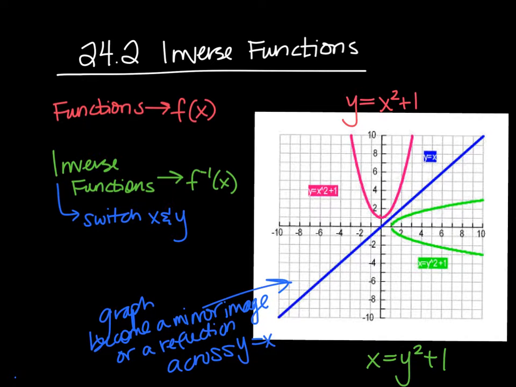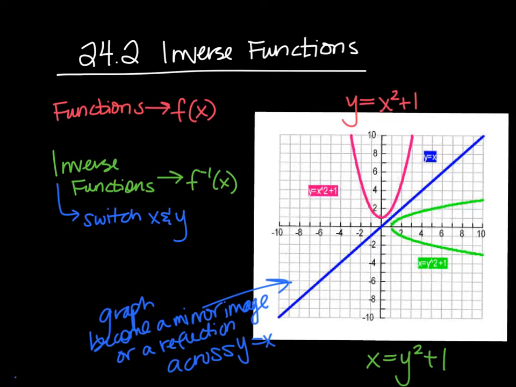Because if you think about it, the whole purpose of inverses is to switch the y and the x. So we're saying that they're equal to each other so we can change them out however we want to. Notice in the graph that if you folded across this blue line, this pink parabola would become the green parabola.